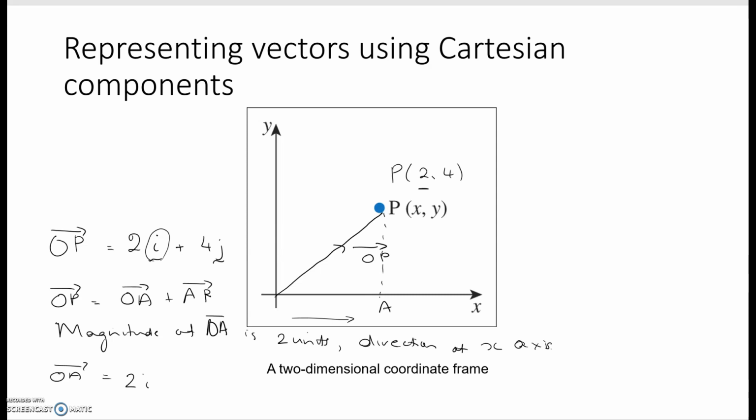Similarly, if we're talking about AP, so AP has a magnitude of 4, and that's come from there, and it's in the y direction, this way. So we talk about that as AP being equal to 4j.